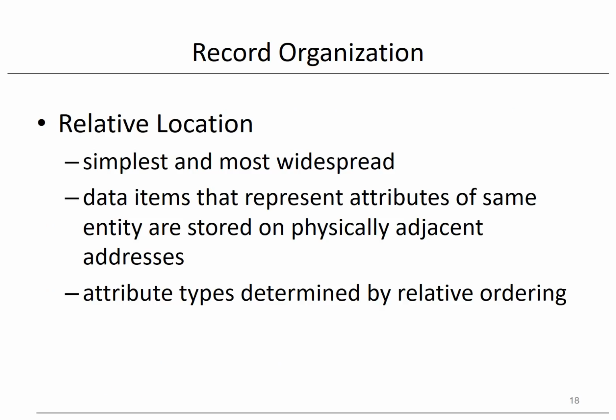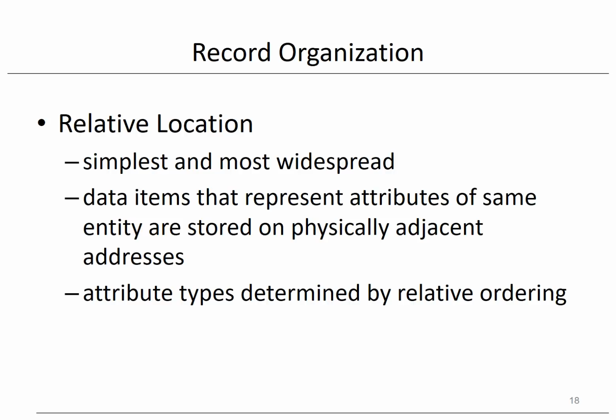The simplest and most widespread technique for record organization is relative location. Here, only the attributes are stored. The data items that represent the attributes of the same entity are stored on physically adjacent addresses. The corresponding attribute types are not stored with them.